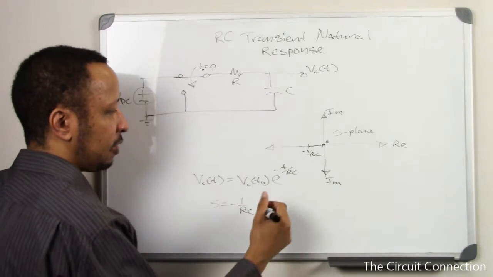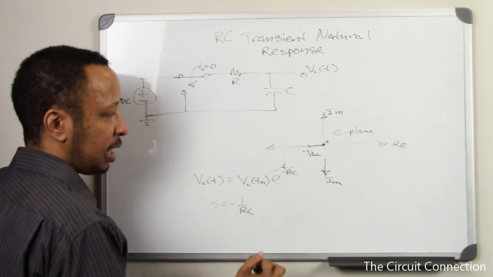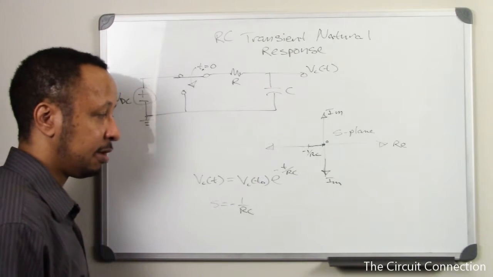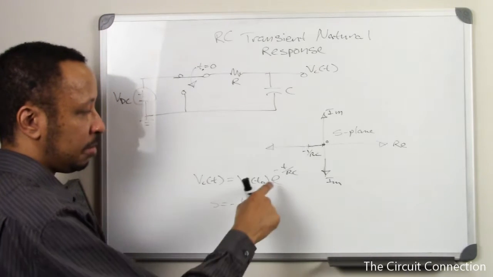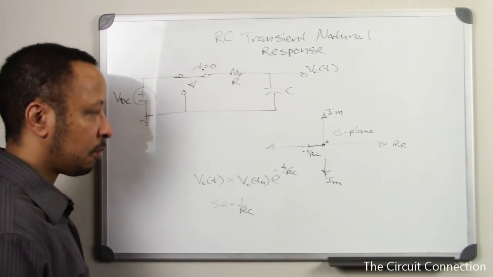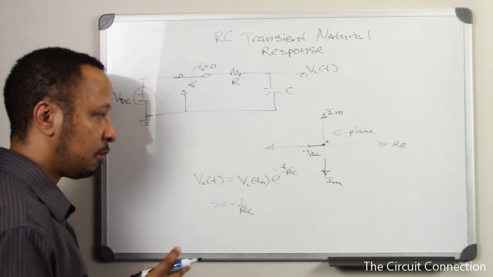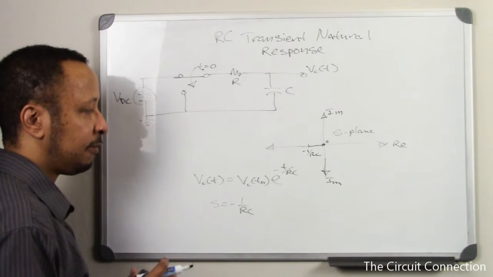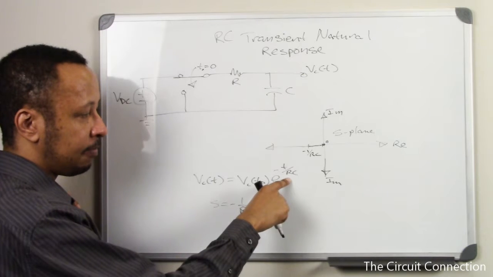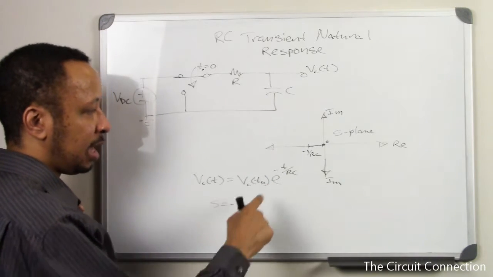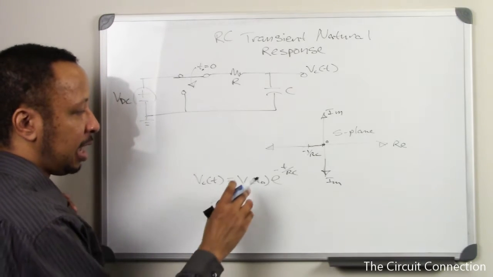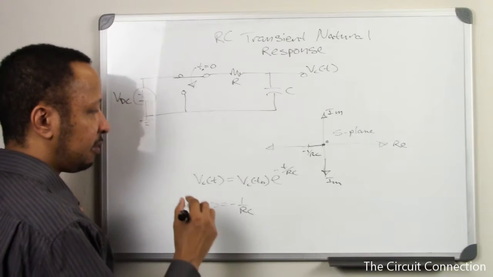It means e to the 0, because -1 over RC equals 0 times t makes it 0, and e to the 0 would be 1, and that would just be Vc of t sub 0. So let's gain some intuition here. If the resistance was very, very large, and since it's on the bottom, the expression will approach 0. If it approaches 0, you'll have a constant Vc of t sub 0.